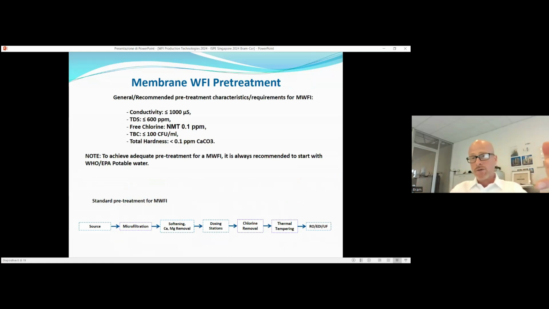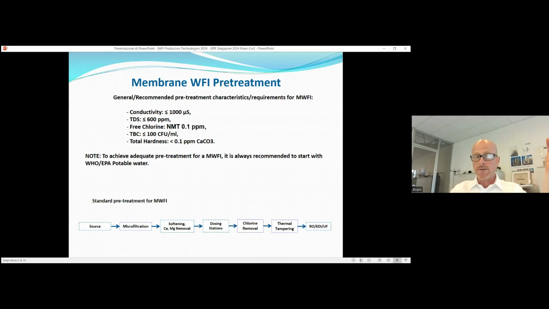But more or less, the feed water characteristics are the same. The recommendation is always the same, starting with drinkable potable water. Conductivity, we recommend to have 1,000 microsiemens, but it depends on the city water. TDS 600, so the same thing that we have seen in the previous scheme.